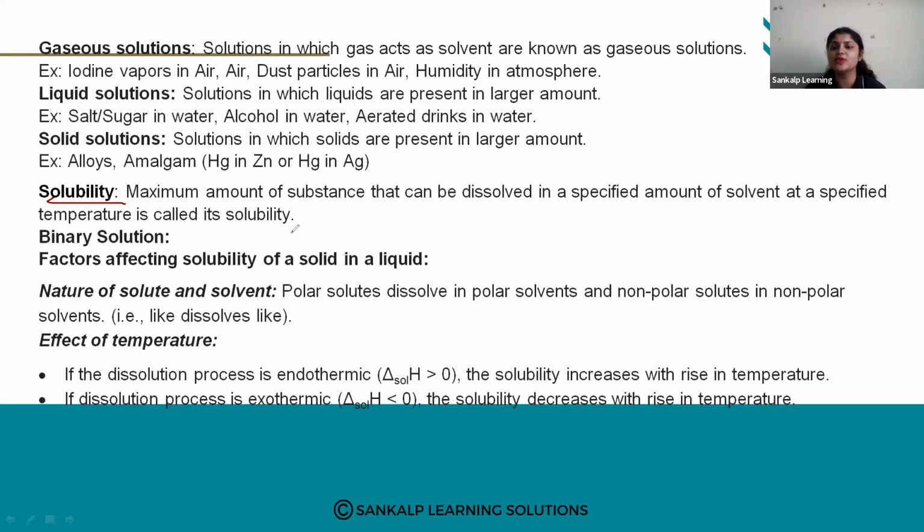Now, when you want to dissolve sugar, suppose you have taken water. Water is a solvent, and sugar is a solute. If you add sugar to the water and try to mix it, the maximum amount of substance that is dissolved in the solvent, so that it is getting soluble, is what solubility tells you.